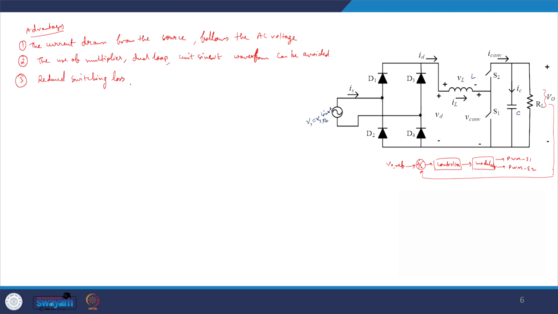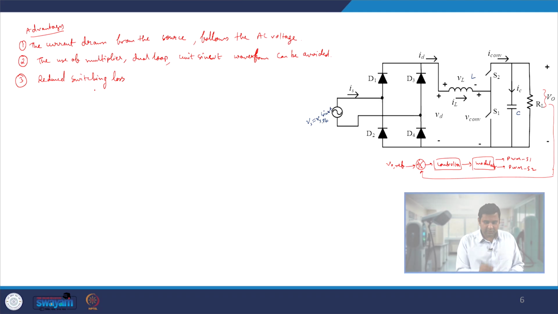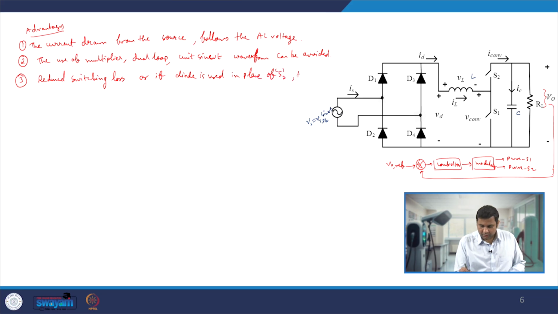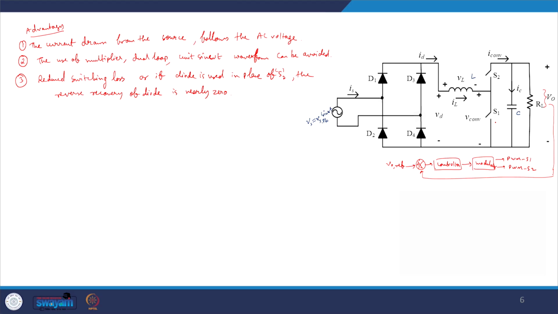I mean, lower switching loss if we are using an active switch, or if a diode is used in place of S2, the reverse recovery of the diode is nearly 0, because it is turning off with 0 current.